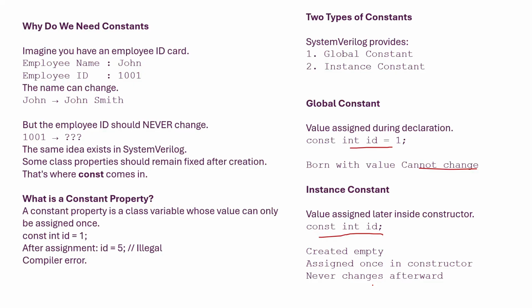Clear? Because the constructor method is there. Whether in the parent class or child class you are writing the constructor, I can create multiple objects, right? Class transaction. For my transaction, TR1, TR2, TR3, TR4, four transactions, four handles I have created.